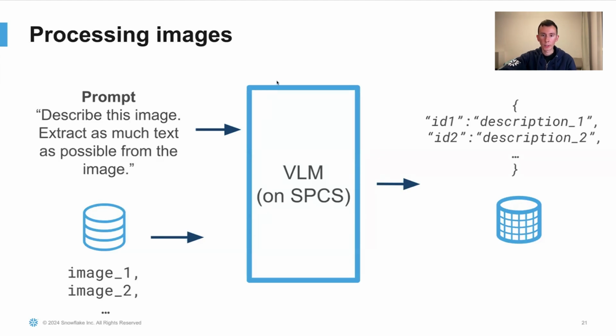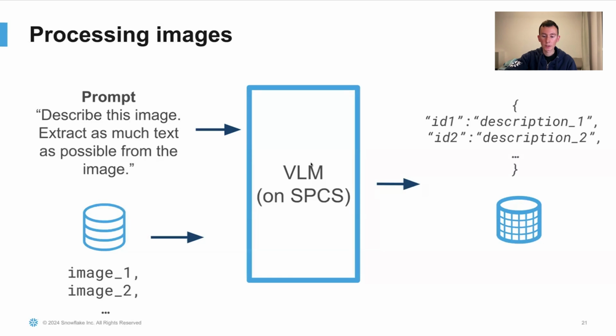And we can see on the right that it generates a description for each image. And then I save all the descriptions corresponding to each image in a Snowhouse table. So I obtain a mapping between each ID of an image and its corresponding image description.